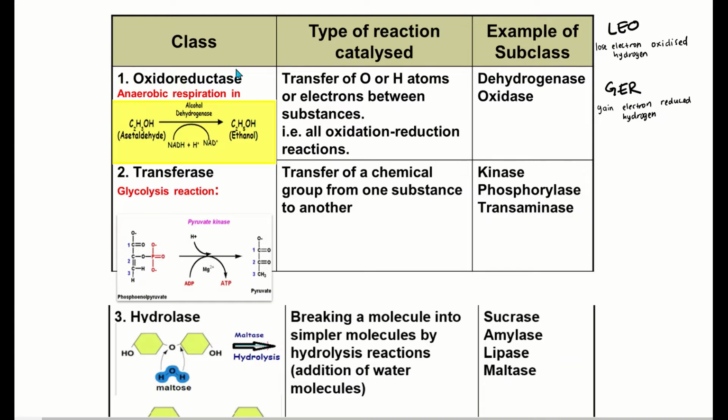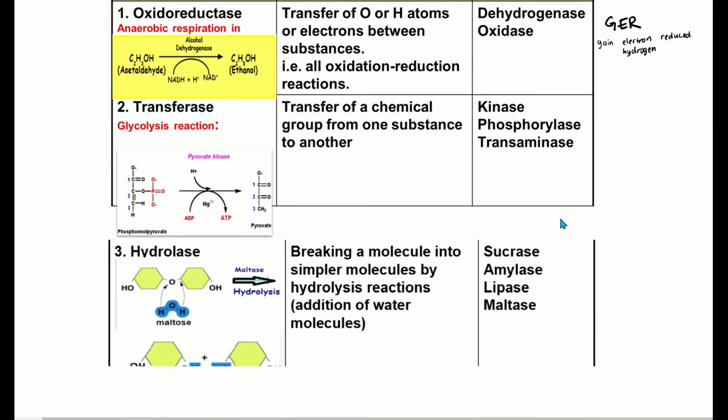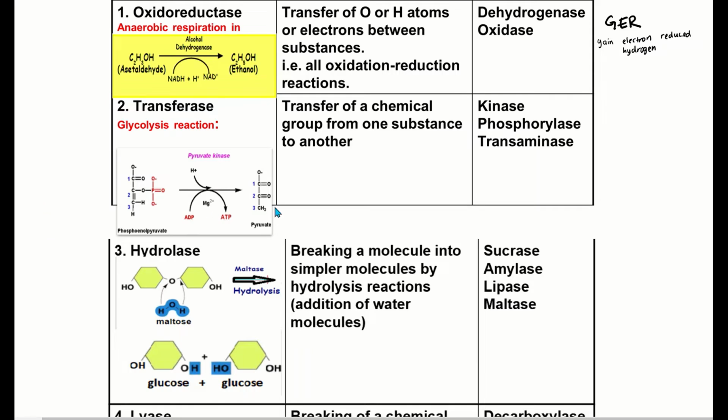Tadi kelas oxidoreductase, ini kelas transferase. Subclass contoh-contoh inilah kinase, phosphorylase, transaminase. Jadi kalau jumpa nama enzim tu something phosphorylase, itulah dia adalah kelas transferase.